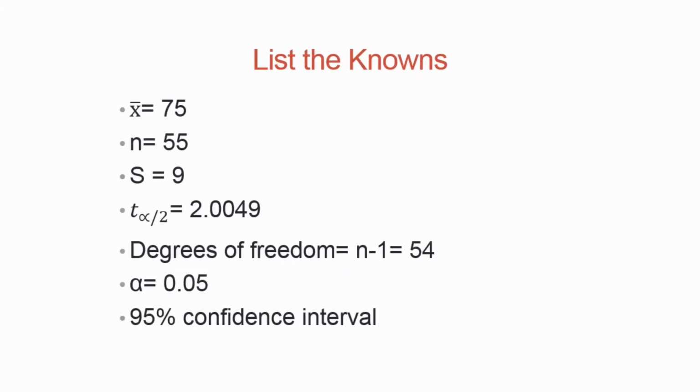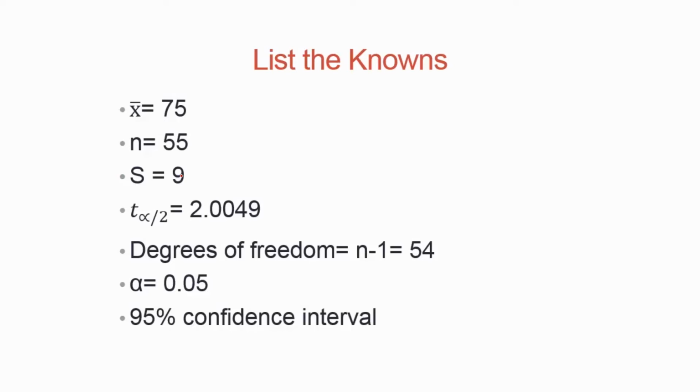The first thing we want to do is write down the information that the problem gives us. X bar is equal to 75, n is equal to 55, and S is equal to 9. We also have to find a critical value of t, which in this case is going to be 2.0049. We'll show you where that number comes from.